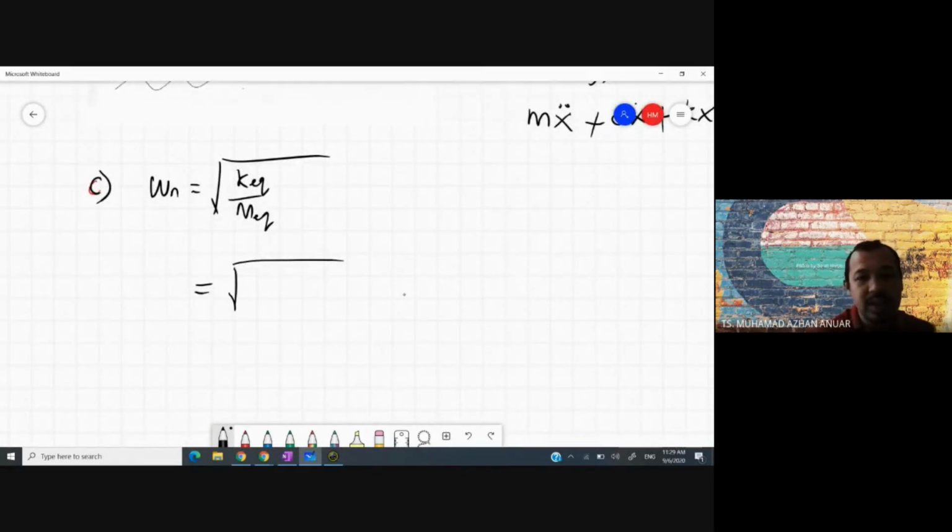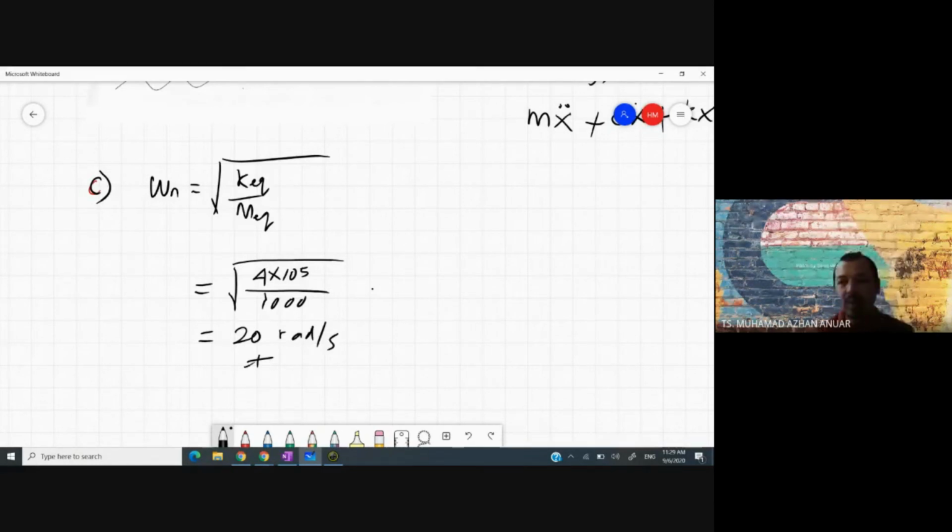So we get 4 times 10 to the power of 5 divided by 1000, square root of the answer. The answer is going to be equal to 20 radian per second.